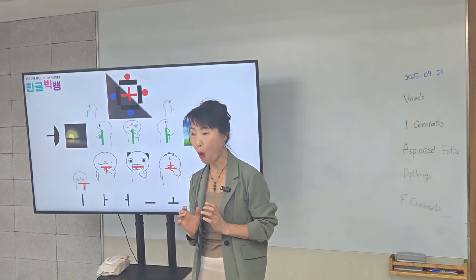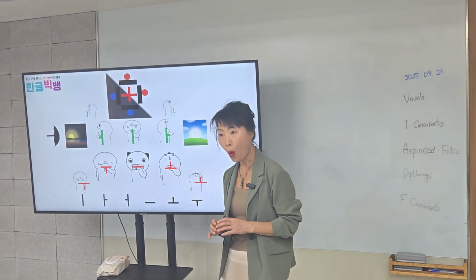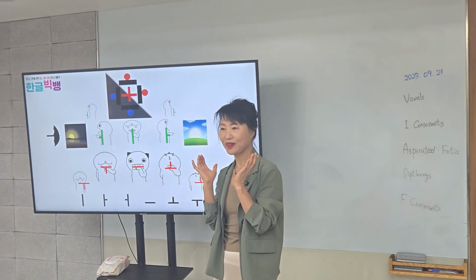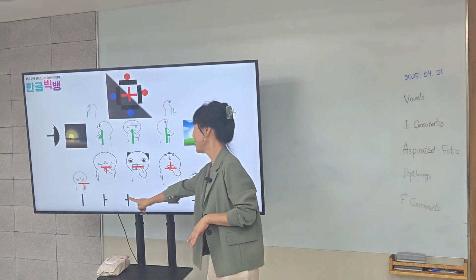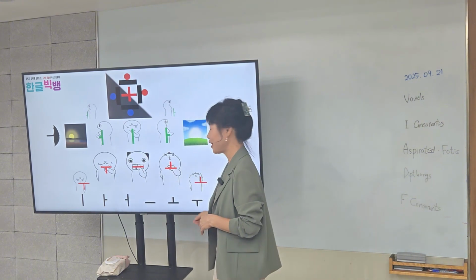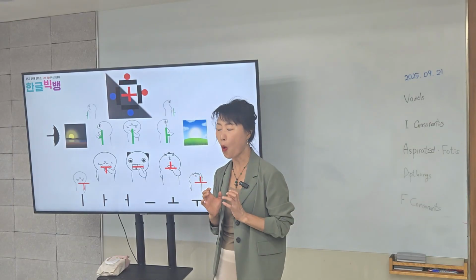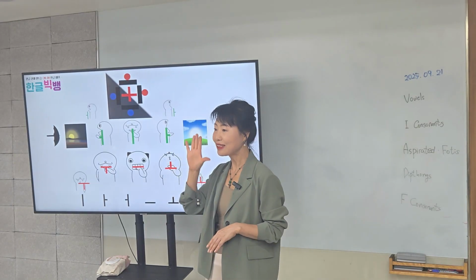So O, O, O. Can you notice now? When you pronounce it, make your lips round, but just less than A.